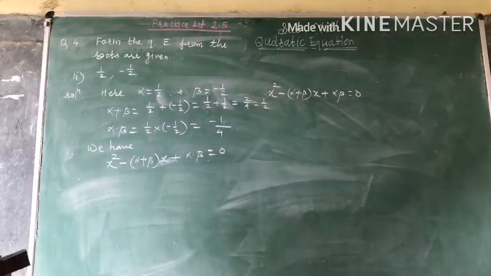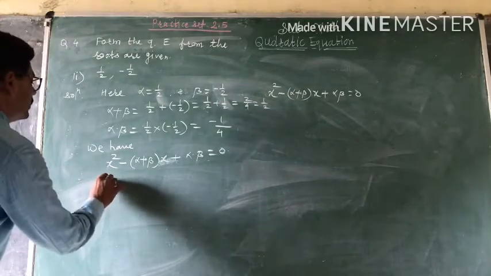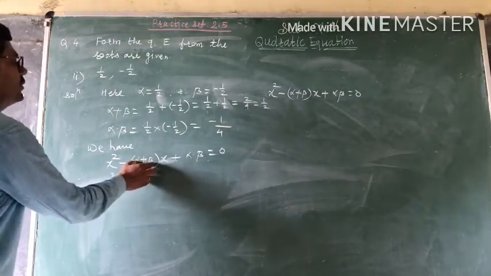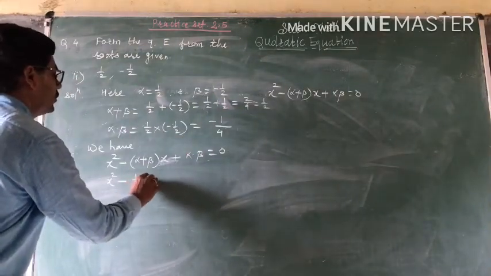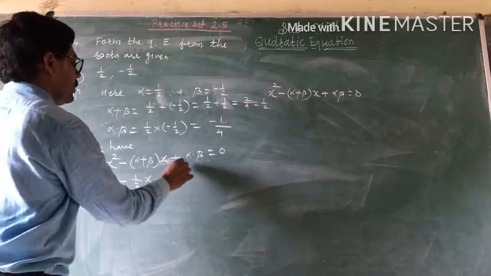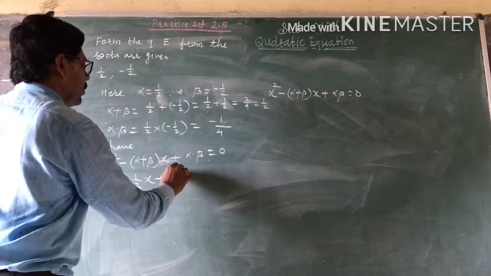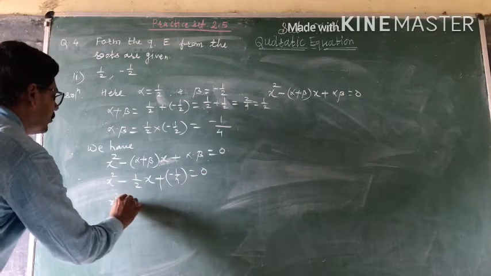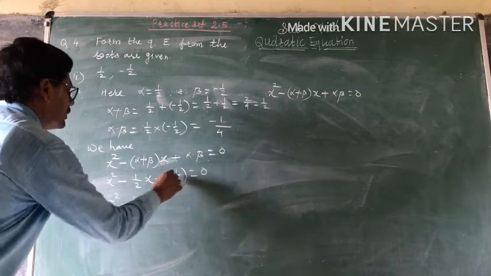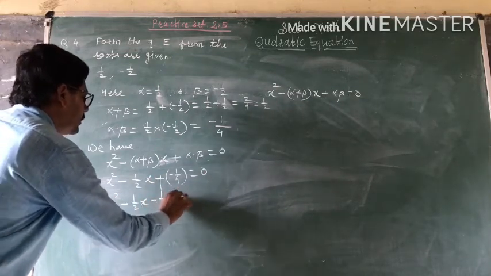Then we form the quadratic equation: x square minus sum of the two roots into x plus product, which is minus 1/4, is equal to 0. That means x square minus 1/4 is equal to 0.